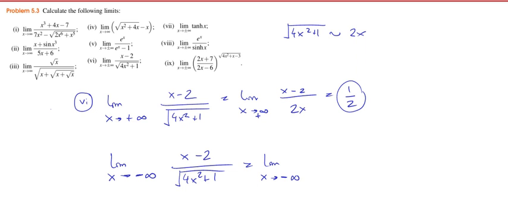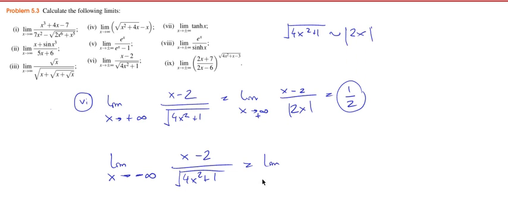So maybe it's easier if we write, let's call it y is equal to minus x, right? So what I want to say by this is that x is going to minus infinity, but the square root of this is going to go to plus infinity. Okay, so we can call it the absolute value of 2x, right? Maybe it's easier like this.